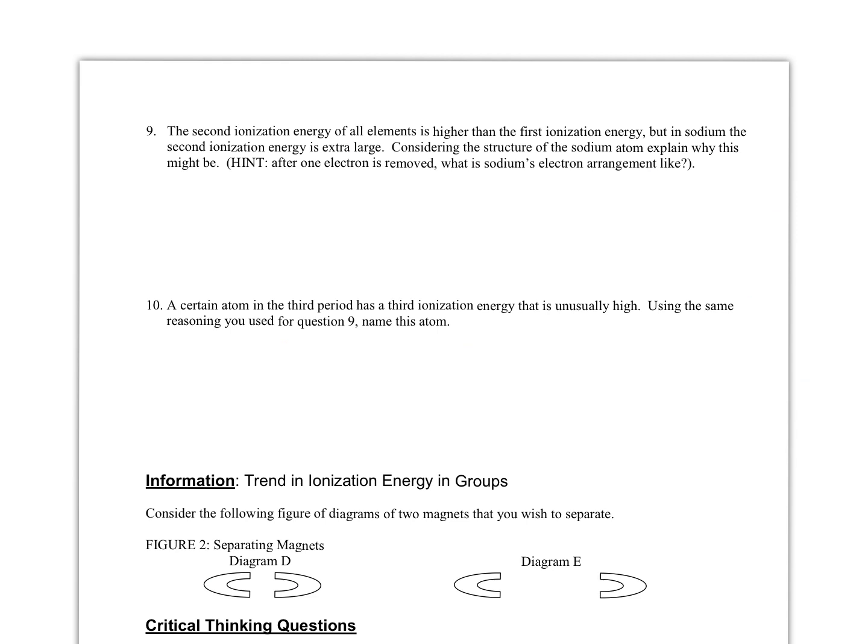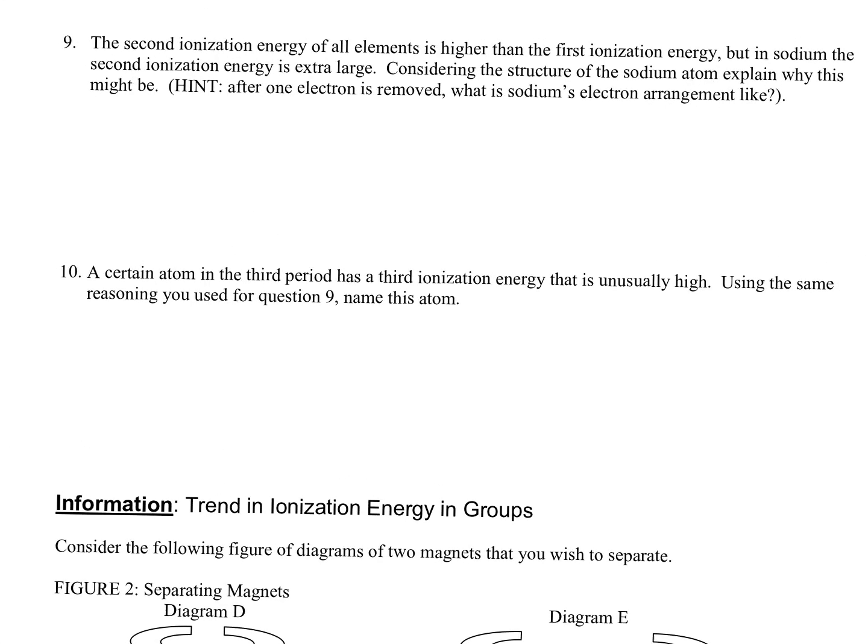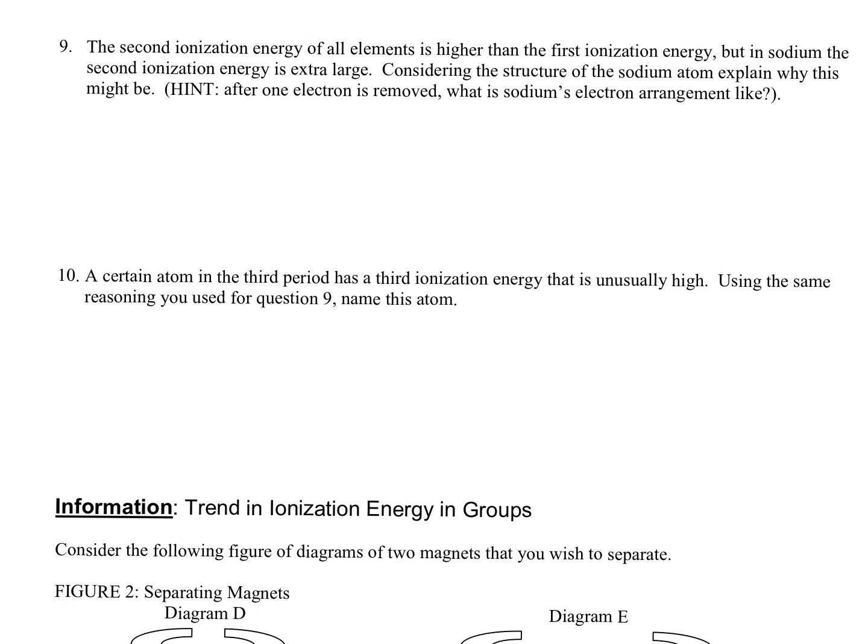Question 9. The second ionization energy of all elements is higher than the first ionization energy. But in sodium, the second ionization energy is extra large, and that's what I was talking about, is that second energy level is full. So it will be a lot harder to take that electron.